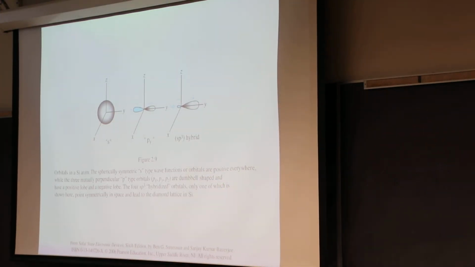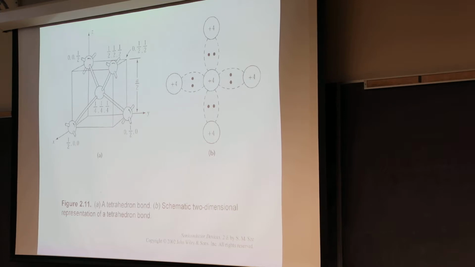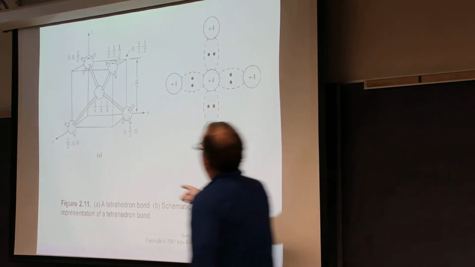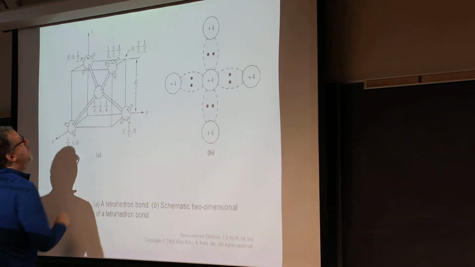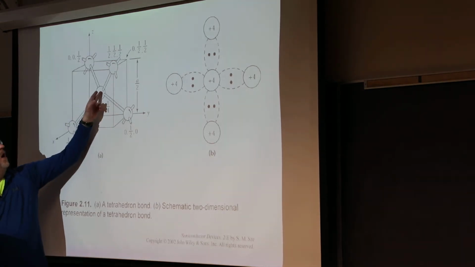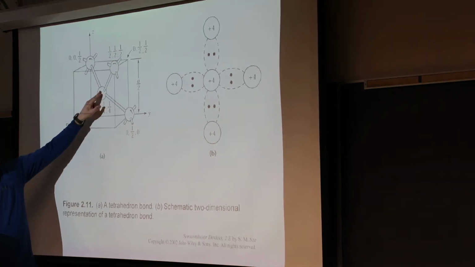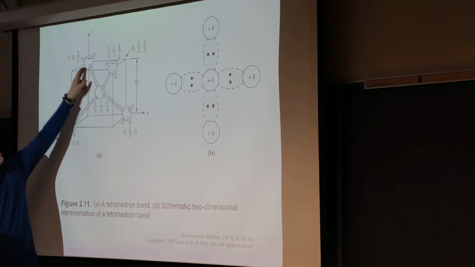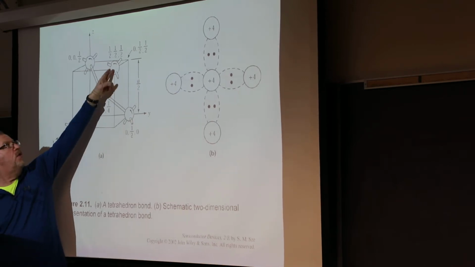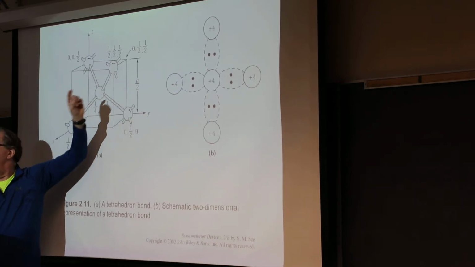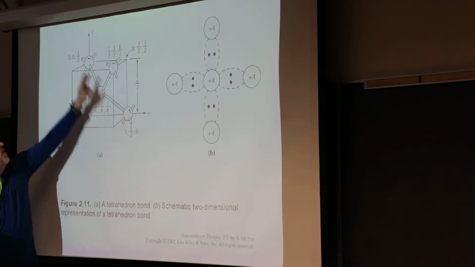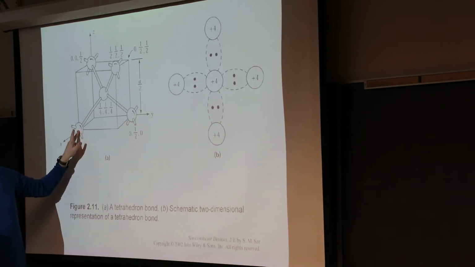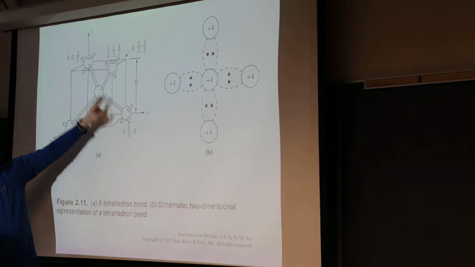Because it's a directional bond, this silicon atom has to be 109.5 degrees away from this silicon atom, right? The location of that atom is precisely defined by the presence of these three atoms. I know it precisely, right?